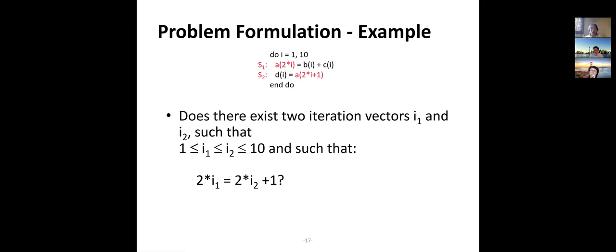What do you guys think? Are there any I1 and I2 where there's a solution for this? It's something like from high school.